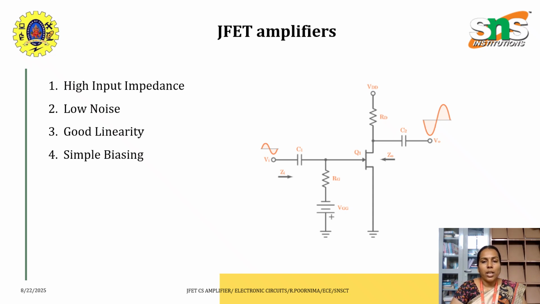Whenever we have a high input impedance, this amplifier draws very small current from the source. So it provides low noise, good linearity, and a simple biasing method. So these are the advantages of the JFET amplifiers when we are using them for many applications.